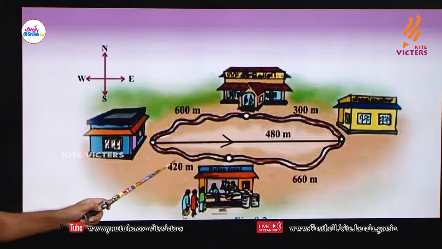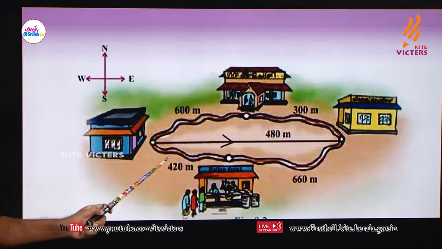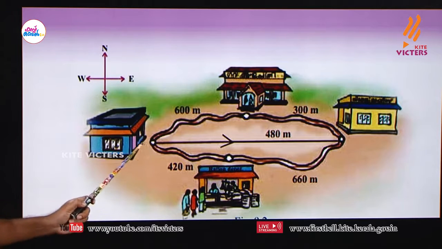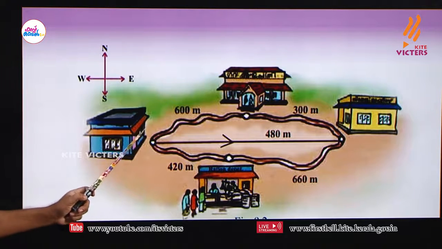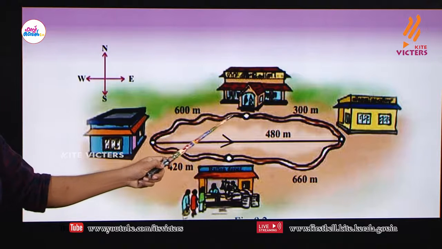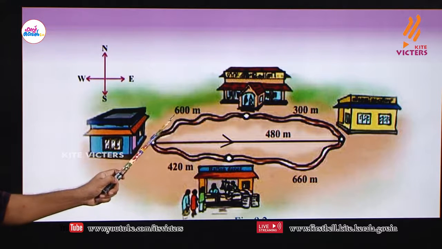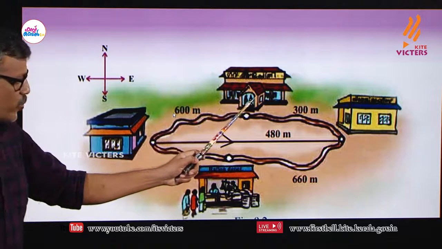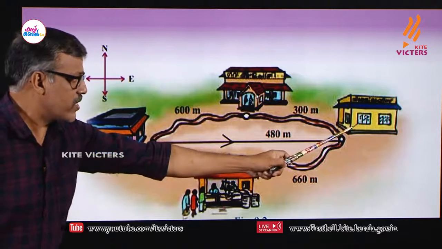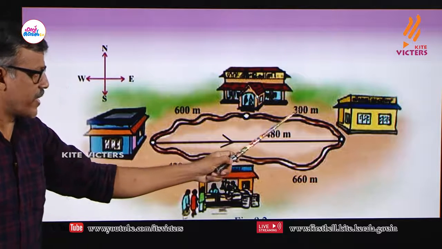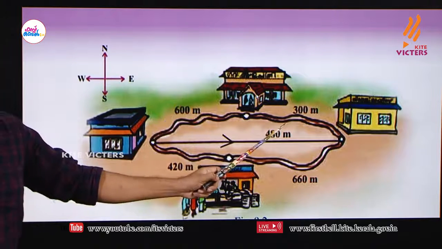Let us analyze the distance travelled by the person. To reach his office, he took the road near the hospital. The distance between his house and hospital is 600 meter, and the distance between the hospital and his office is 300 meter, total 900 meter.